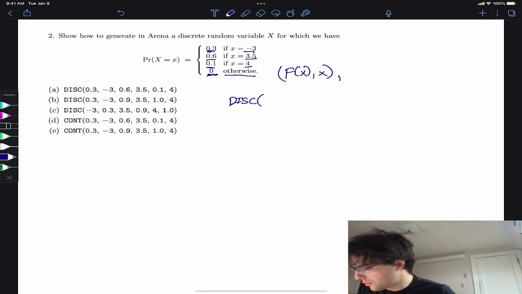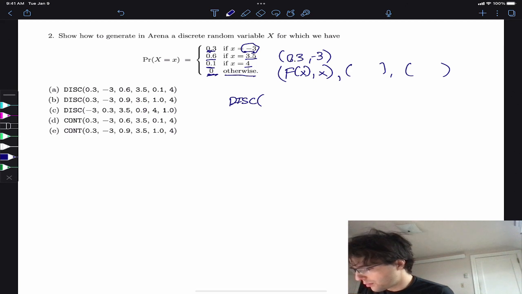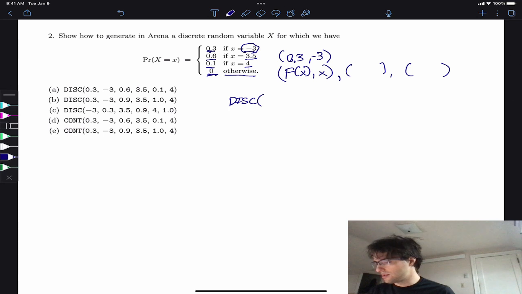So the first value we're interested in is -3, because that's the lowest one. So the first pair's second entry is -3, and the first entry is 0.3, because that's the probability in the CDF up to -3 so far.